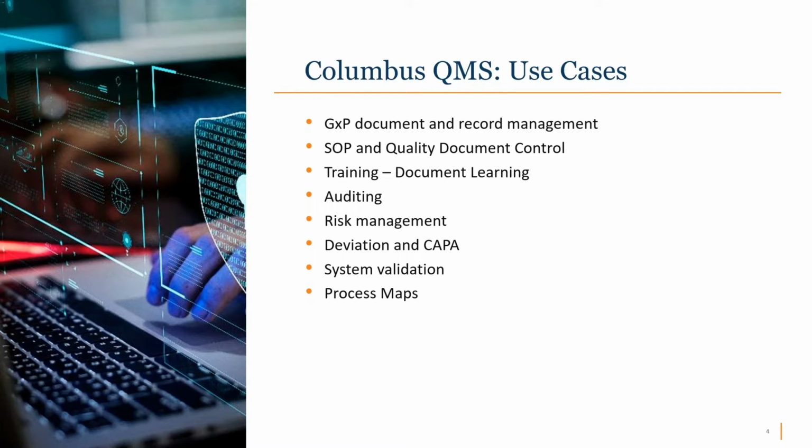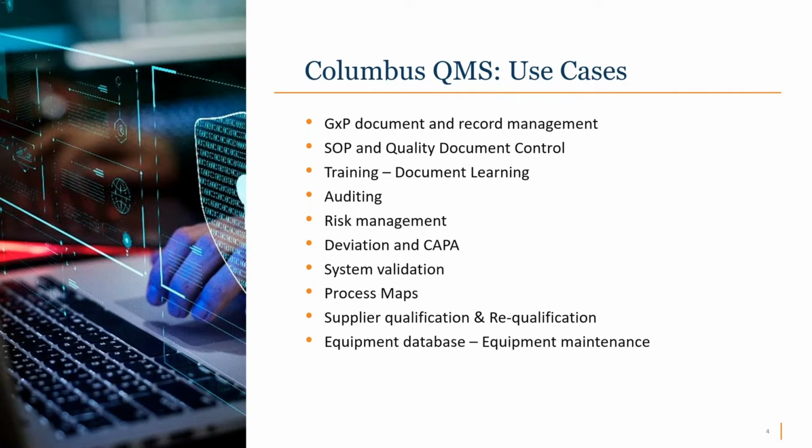There are tools you can use for graphically displaying information like process maps, and there are tools for supplier qualification and requalification, of course. You can also use Columbus QMS for equipment databases to do, for instance, equipment maintenance control.